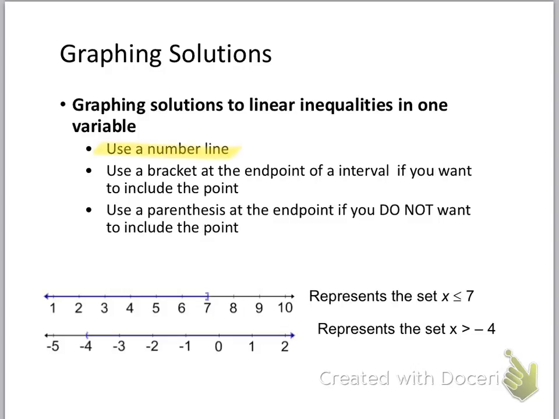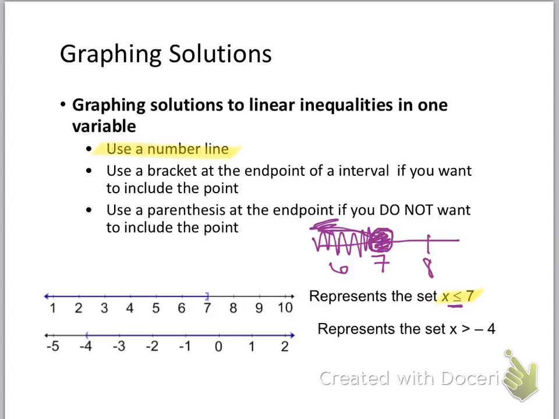Now, if I were to be graphing x is less than or equal to 7, my guess is that you have learned in the past that you've got the number 7 and you want to graph things less than, which would be towards the left. And so maybe you shade that space or you draw an arrow in that space. And then you also need a dot at 7. And because it says equal, you would shade in that dot, right?